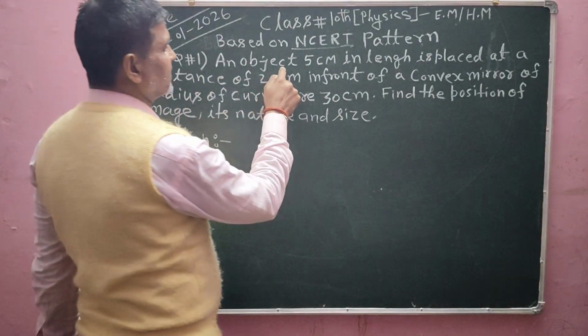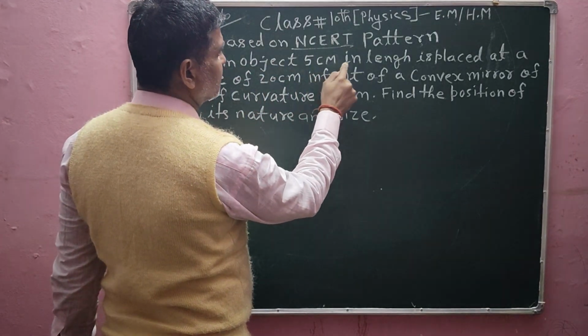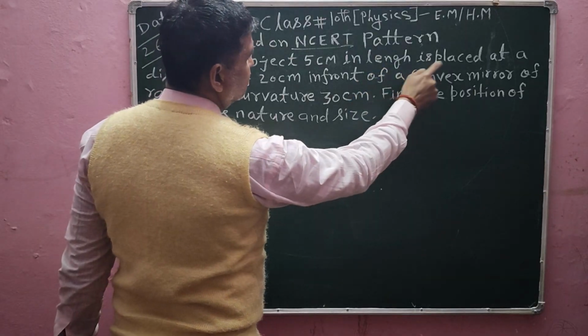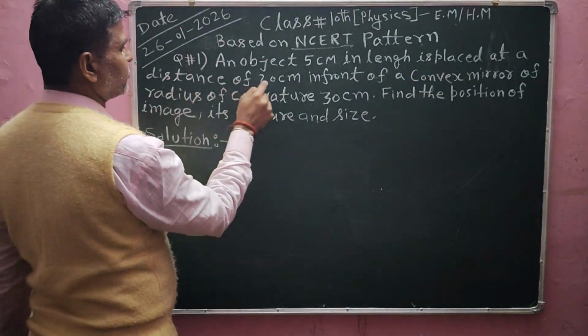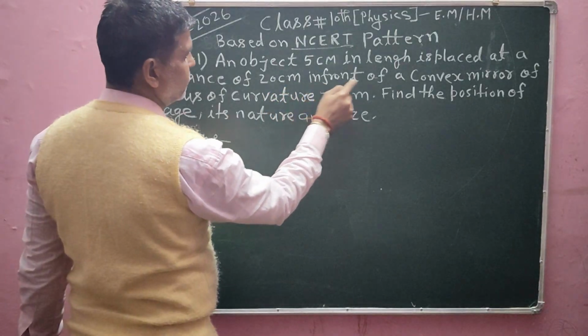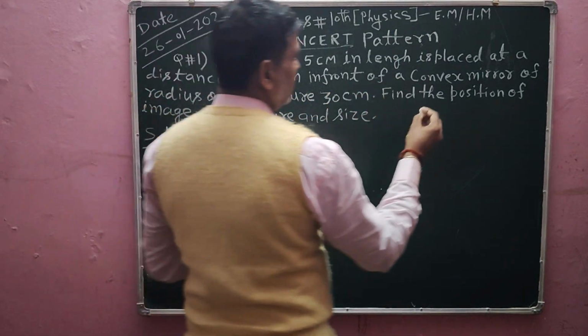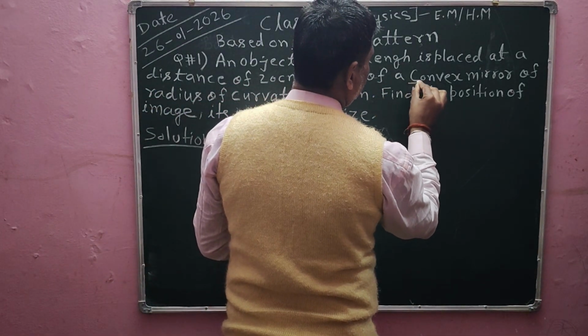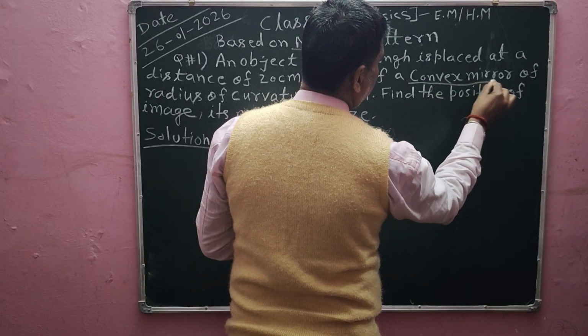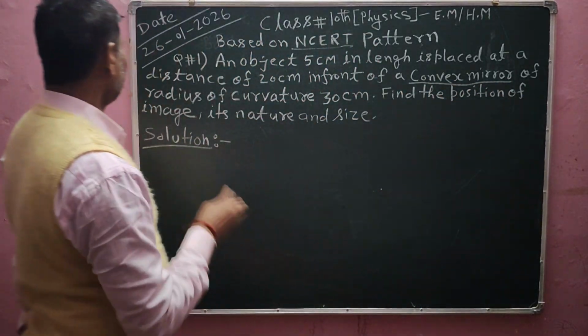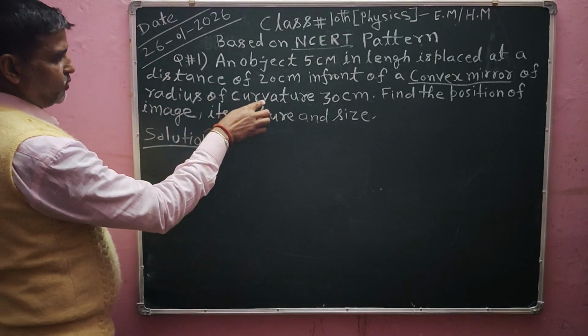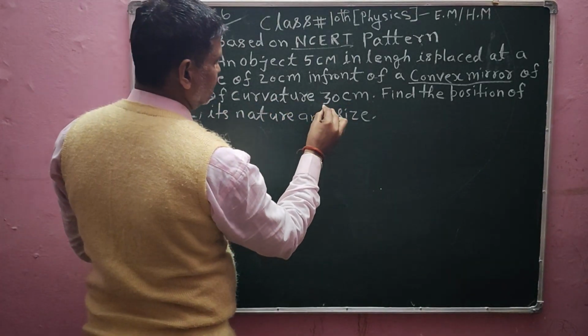An object 5 centimeter in length is placed at a distance of 20 centimeter in front of a convex mirror. So mirror I have to highlight here. Convex mirror of radius of curvature 30 centimeter.